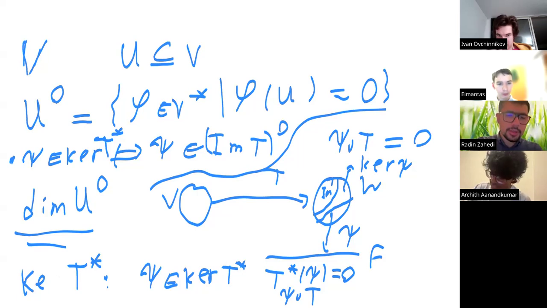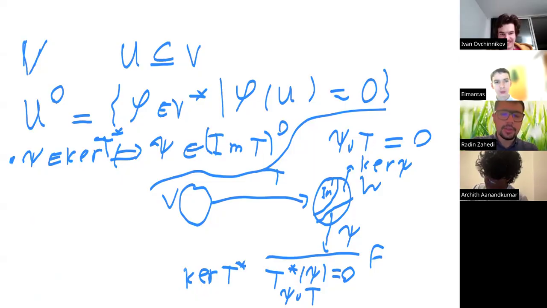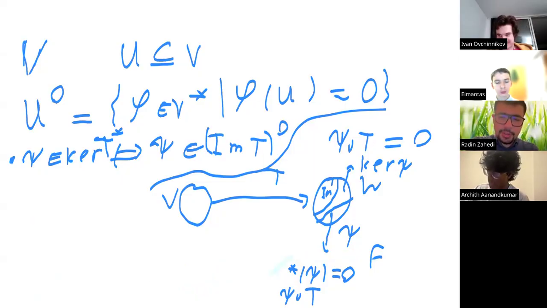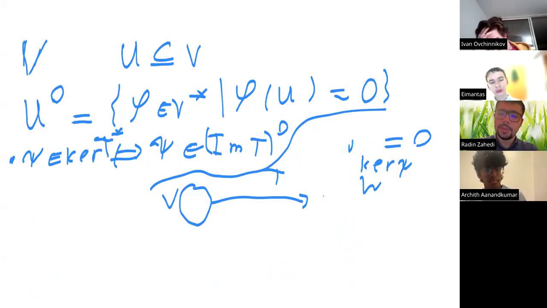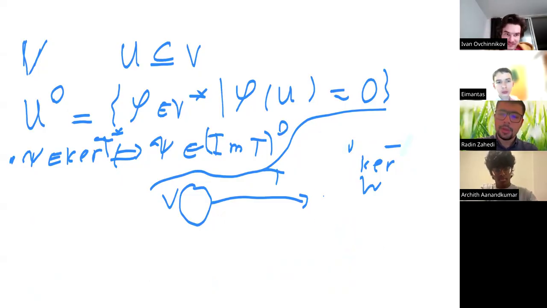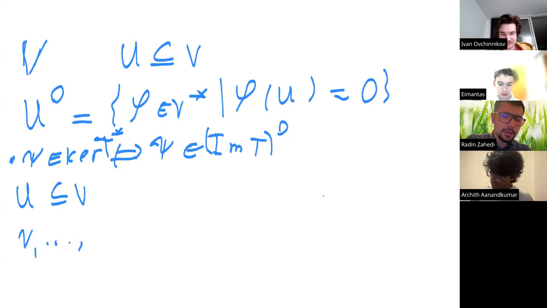So we're about to calculate the dimension of this U star. To do so, a natural thing is to again apply a basis and see if we can calculate the dimension based on the basis of V and U. So we choose a basis for V. Since we know that U is a subspace of V, we can choose some basis V1 to Vk.